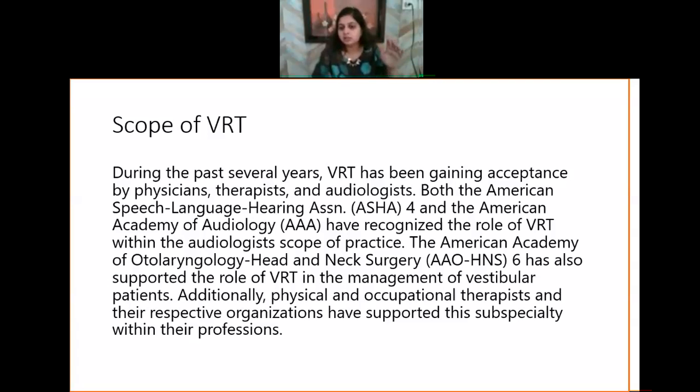Of those, 2 million people are affected because of vestibular impairment. In concussion, so many athletes get concussion. If we see the data, usually 3 million athletes get concussion in a year, and 70% of them are related to vestibular.